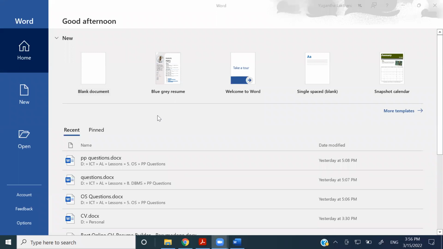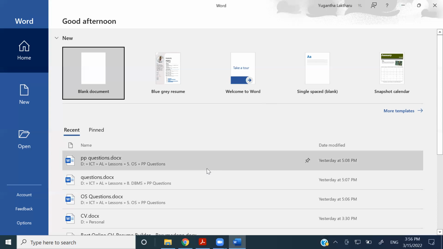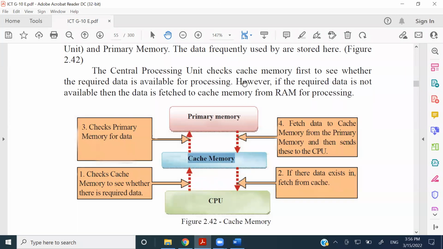Now, cache memory is helping for that, right? So the very first time when I'm opening the Word program in my computer, it was in the hard disk. So from the hard disk, this particular program is taken to the primary memory. Then it comes to the cache memory, and then it goes to the CPU. The second time when I'm starting this, since the Word program was executed very recently, cache memory memorized it.